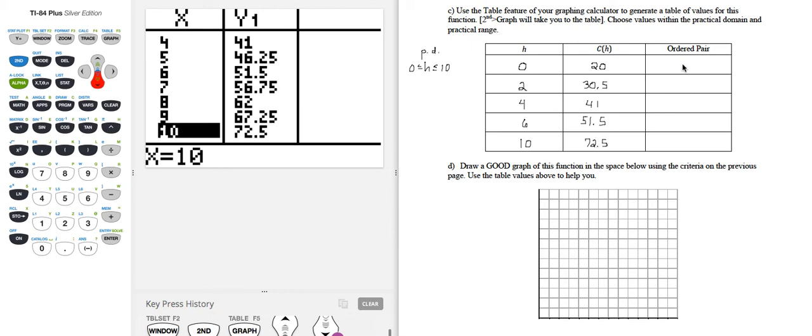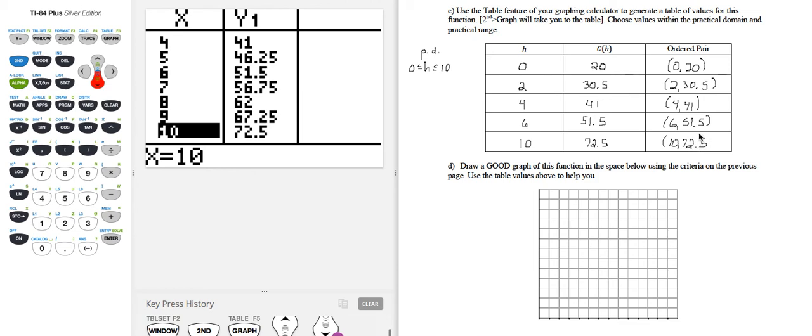The third column are my ordered pairs, so I'm going to write the ordered pair for each input-output section of the table. So 2, 30.5, and then 4, 41, and then 6, 51.5, and 10, 72.5.